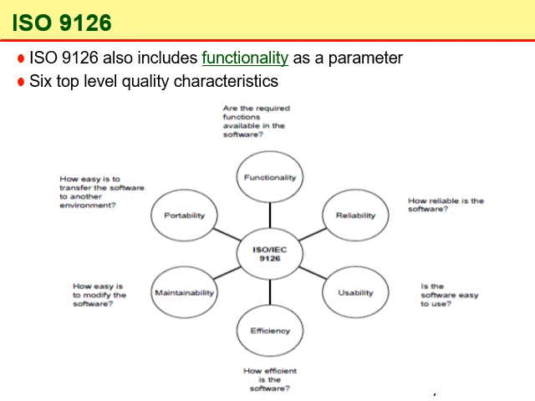So the top-level attributes in this model include functionality, reliability, usability, efficiency, maintainability, and portability. By functionality, we mean what is actually needed, whereas reliability refers to whether the software or the system functions correctly.